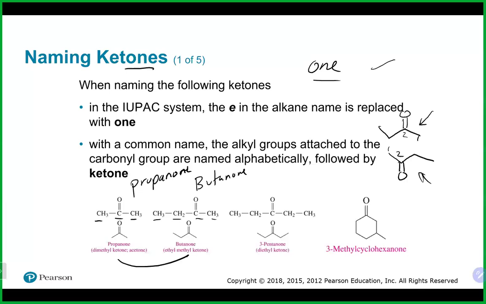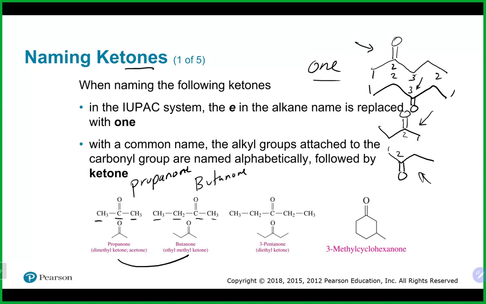So for example, 1, 2, 3, 4, 5. If I have one there and I have one there, where is the carbon-oxygen double bond in this one? Which carbon should it be? 2, right? Smallest number. How about this one? It is 3. 1, 2, and 3 are 1, 2, and 3, no matter which way you go.